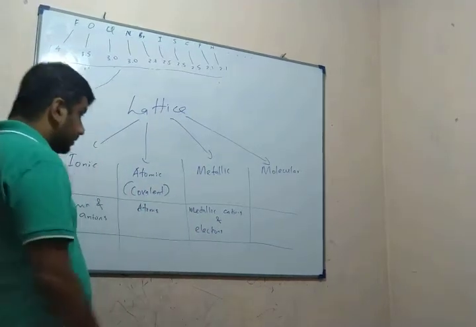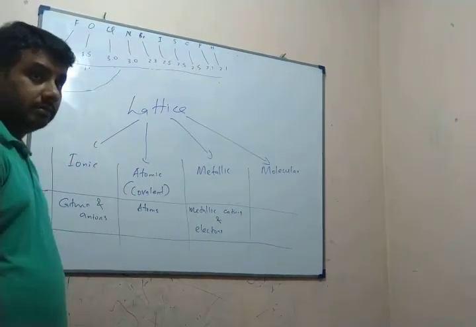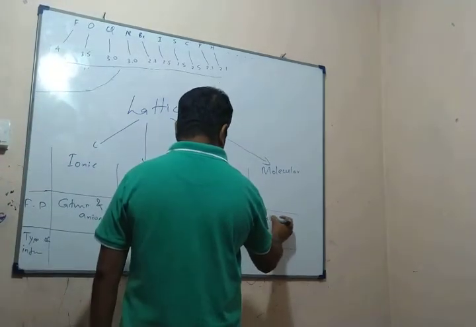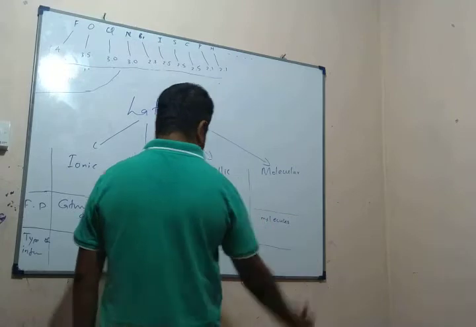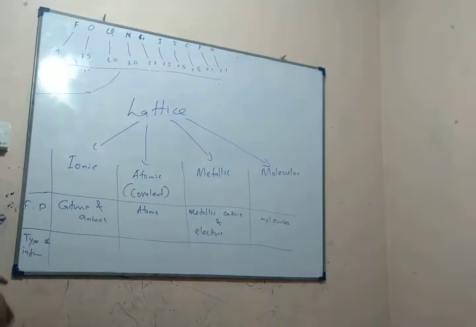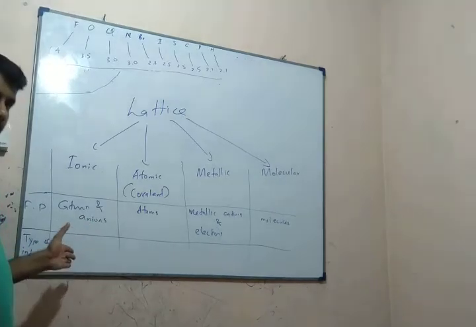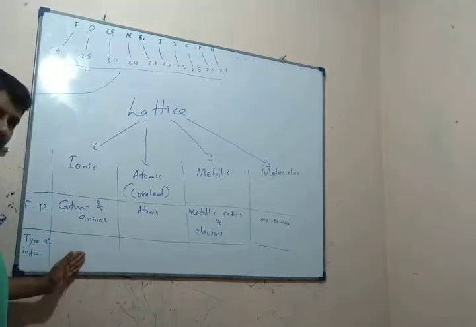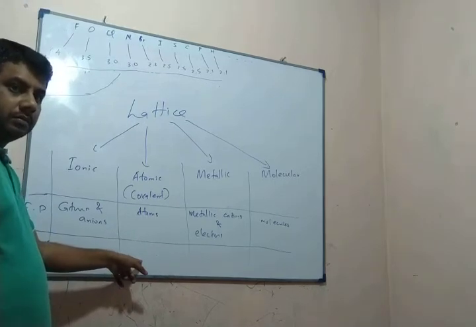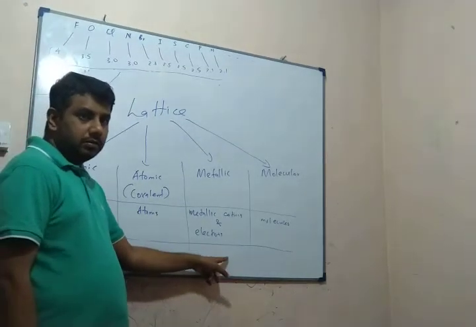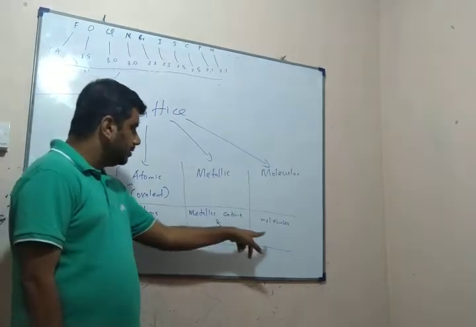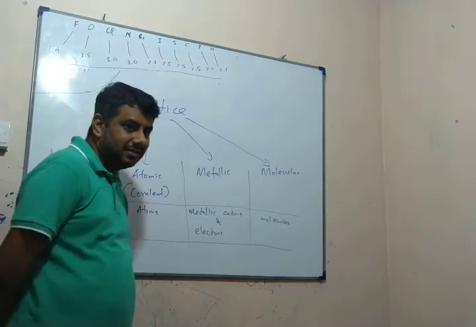And molecular lattice: what are the fundamental particles? Molecules. Type of interaction: ionic bond, covalent bond, metallic bond. And what else?